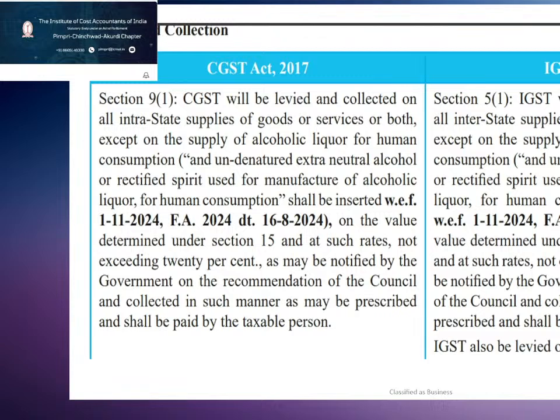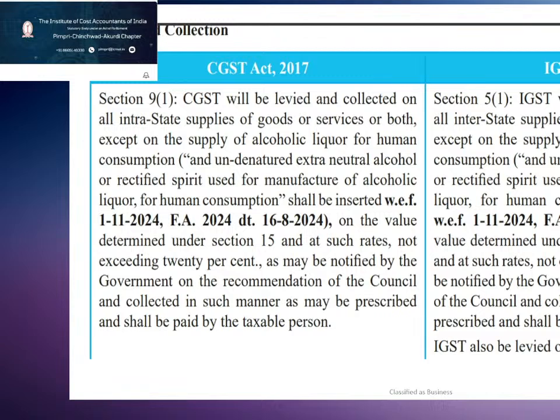Then we have one more, that is promoter for construction of project in a financial year, or part of the financial year, till the date of issuance of completion certificate or first occupation, whichever is earlier. The promoter has to pay the GST. Then capital goods, again the promoter has to pay the GST.